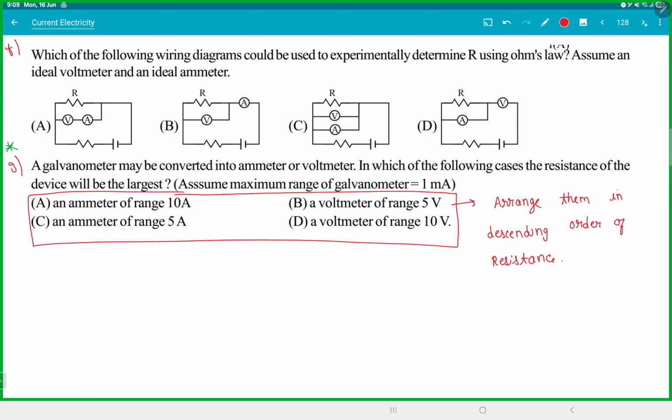So we have four devices: 10 ampere ammeter, 5 ampere ammeter, 5 volt voltmeter, 10 volt voltmeter. These four devices, arrange them in the descending order of resistance.